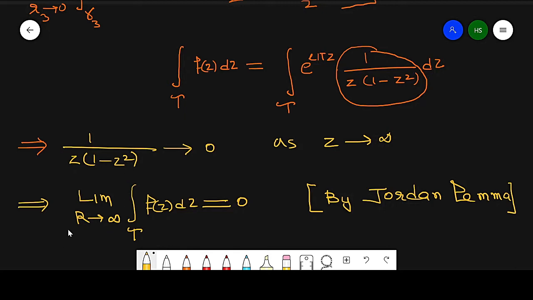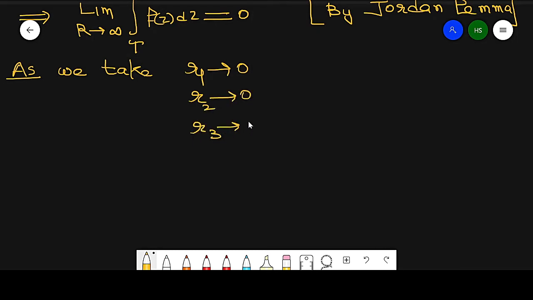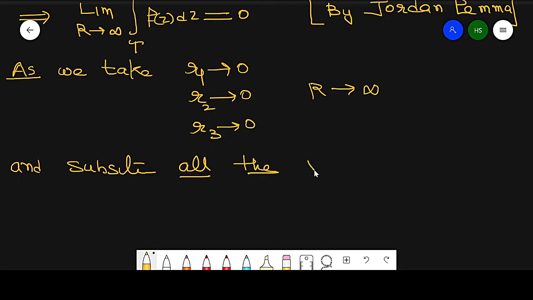As we take R1, R2 and R3 approaching 0, and capital R approaching infinity, we substitute all the values in these equations, in 3 and 4.